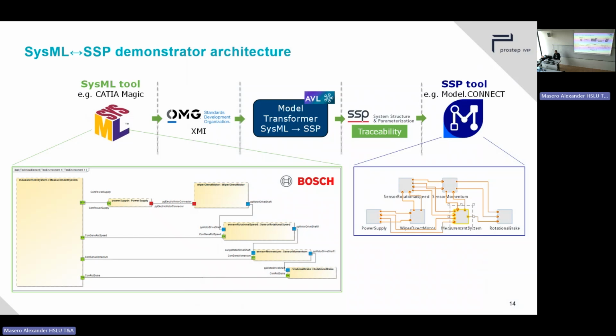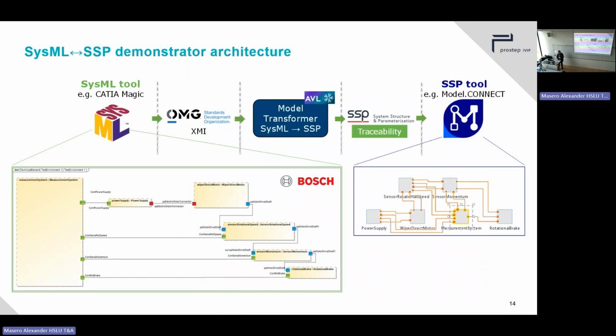At the heart of this demonstrator is, honestly speaking, a quite simple model transformation tool, which takes the information from the system architecture model and outputs an SSP package, or actually an SSP traceability package. In the first iteration of the proof of concept, we just used a very specific part of the system architecture model, namely the internal block diagram, which defines the components, the interfaces, and connections of your system, and transformed this based on rules into an SSD file, basically.